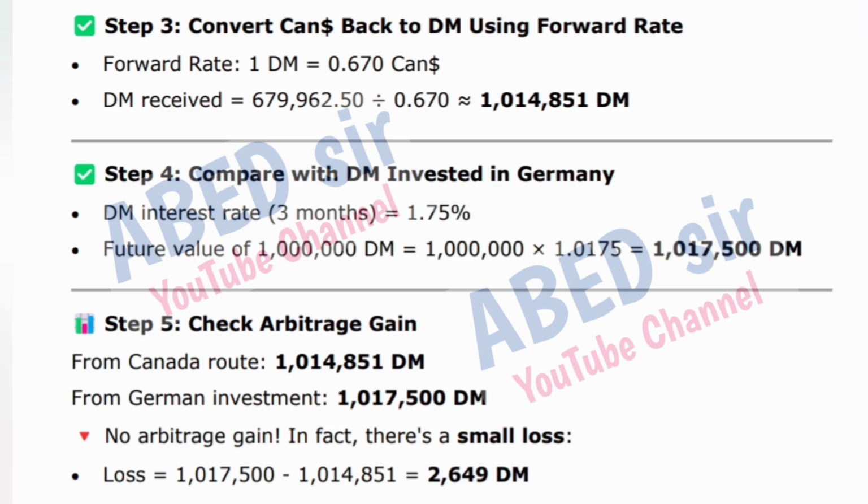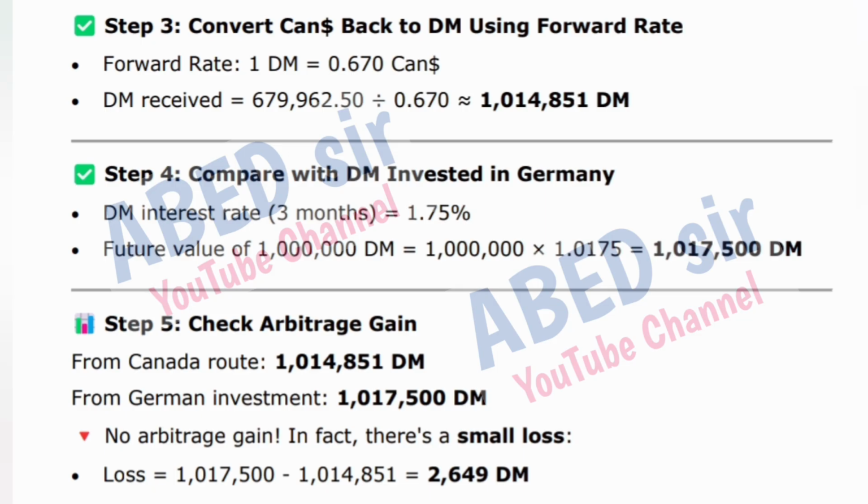Forward rate, 1 diem is equal to 0.670 Can dollar. Diem received is equal to 679,962.50 divided by 0.670, which is 1,014,851 diem.